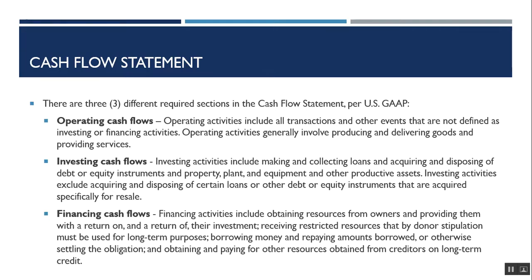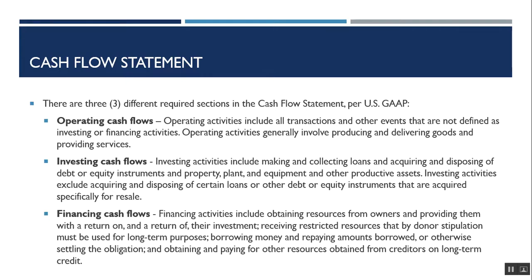So basically what this means is that investing activities are when you purchase or sell property, plant, and equipment, debt or equity instruments of other companies, and then making or collecting loans. Financing activities are different because they specifically have to do with the company's own stock and also borrowing money and repaying amounts borrowed.